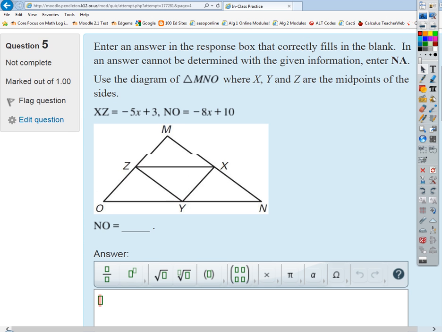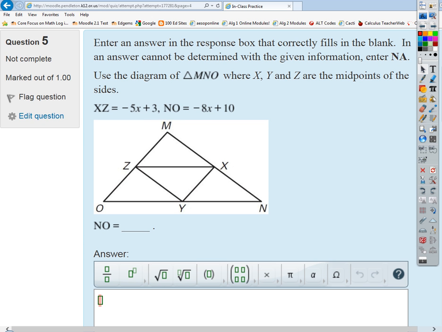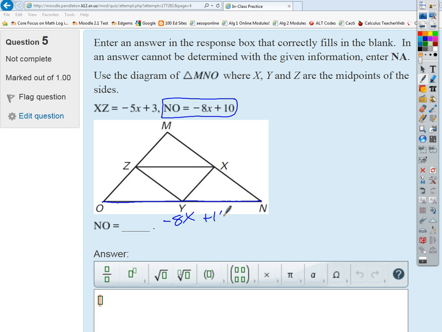Okay, this last one maybe we'll look at here. We want to know what's the length of NO. So let's highlight these here. NO, that is blue. So that's down here. The length of NO is negative 8x plus 10.